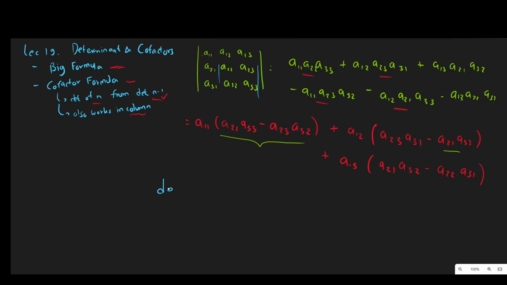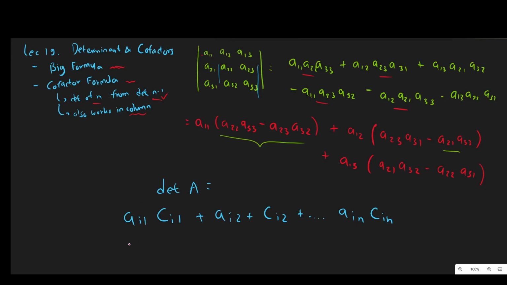So the determinant of A is a_i1 c_i1 plus a_i2 c_i2, until you get to a_in c_in, where i is for row. And this also goes for the column, as I said.